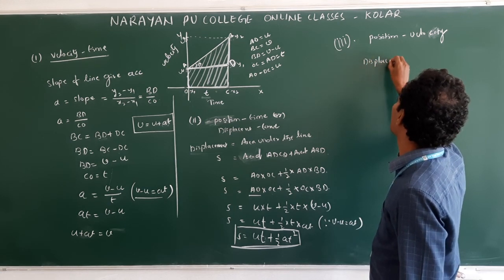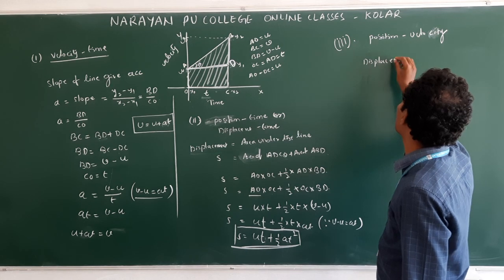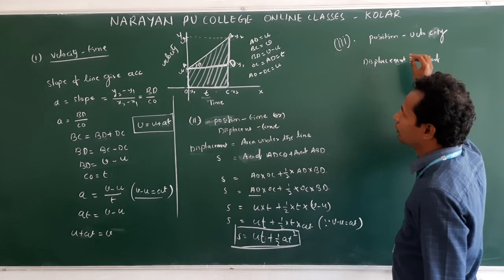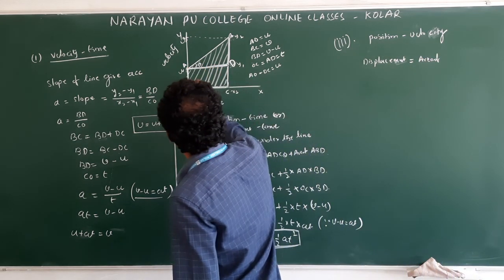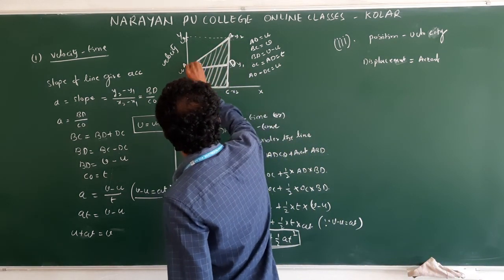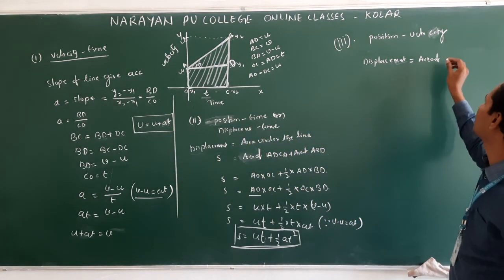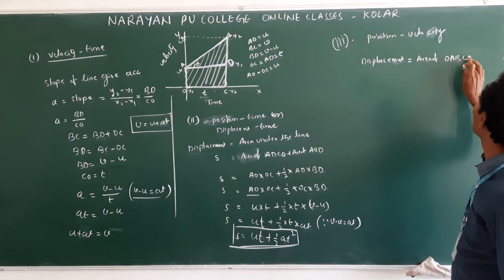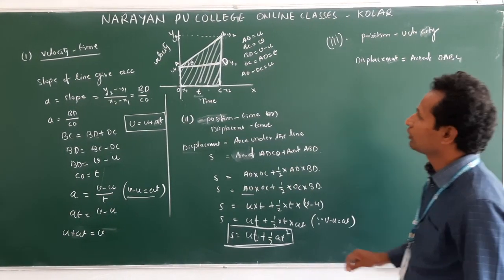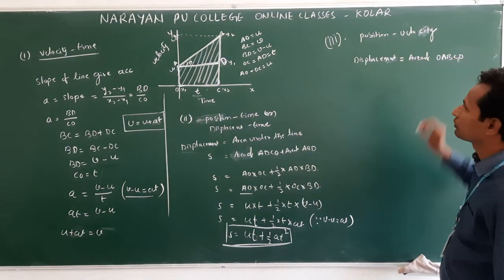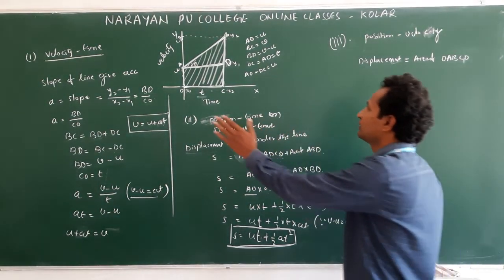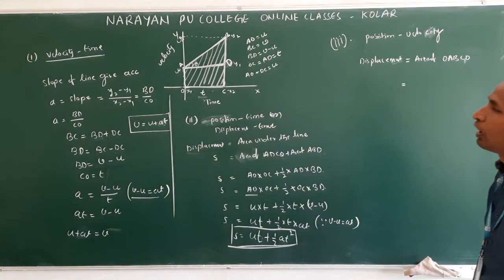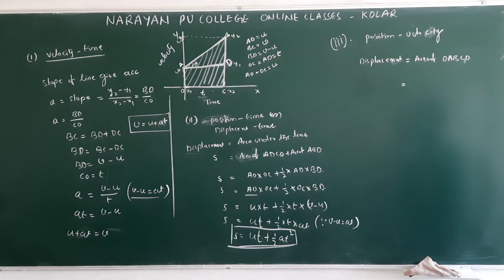Displacement is equal to the area of the total figure I am considering now, O, A, B, C. Here it is nothing but a trapezium. So what is the trapezium area? h by 2 times the sum of the parallel sides.